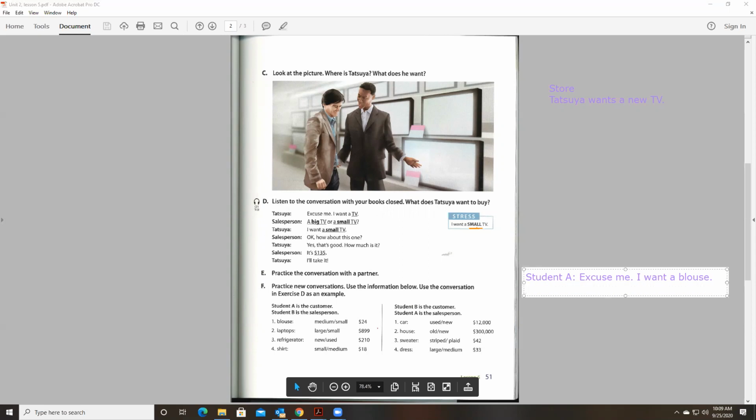Okay, so then the salesperson says a medium blouse or a small blouse. Okay, student will say, I want a, and then you can choose, you can say small blouse.